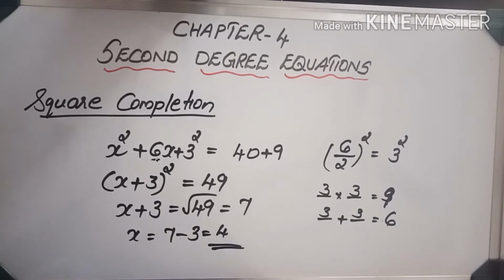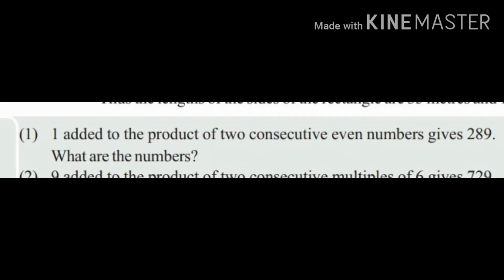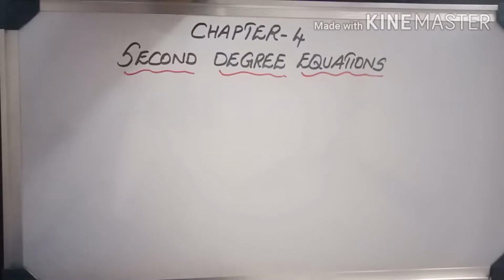Okay. Now let's go to the problems from the textbook, second activity. First question: 1 added to the product of two consecutive even numbers gives 289. What are the numbers? Okay, product of two consecutive even numbers. In this question, first of all, we need to assume two consecutive even numbers.